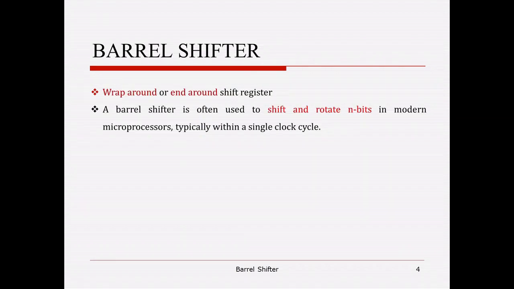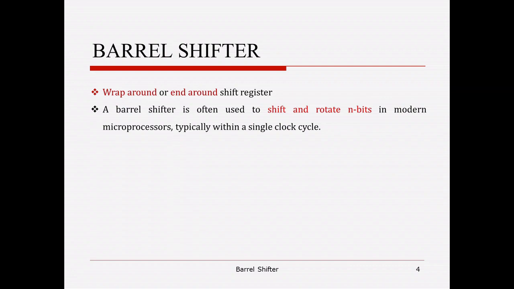Next is the barrel shifter. Before I explain the basic principle of the barrel shifter, I would like to tell you how a basic shift register differs from a barrel shift register. Basic shift registers like SISO, SIPO, PIPO and PISO are capable of doing only a one-bit right shift or left shift.